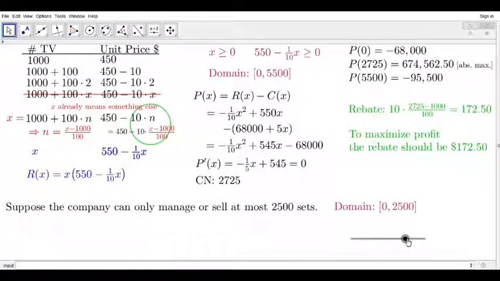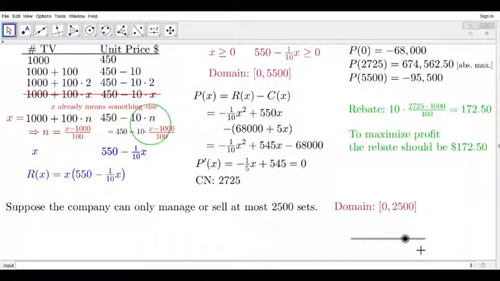So what's the difference now? Compare the critical number, 2725. It's not in the domain anymore, which means that in the end, when we compare the function values, we're not even supposed to consider P evaluated at 2725. And of course, 5500 would change.